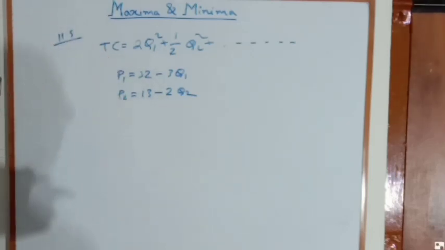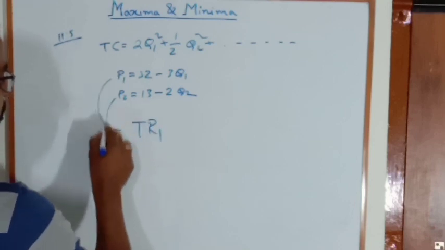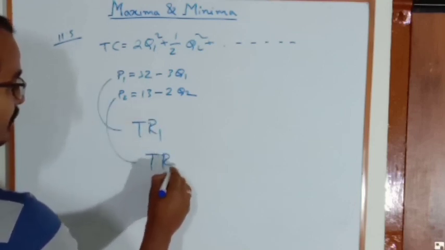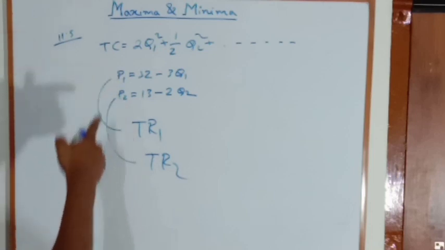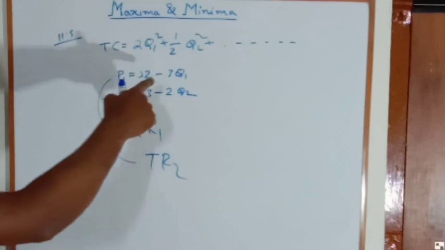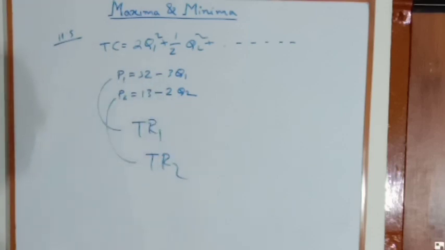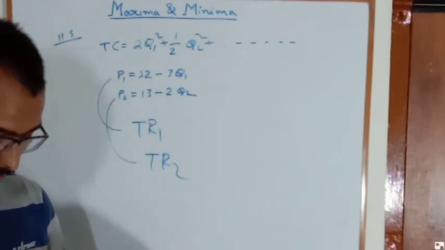So what you can get from this, you can get TR1 and from this you can get TR2. How? P1 into Q1 is equal to TR1. It will be 32 Q1 minus 3 Q1 square, and TR2 will be this multiplied by Q2. So you get TR1 and you get TR2.